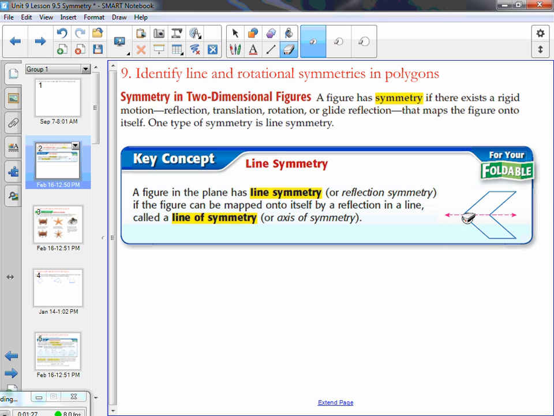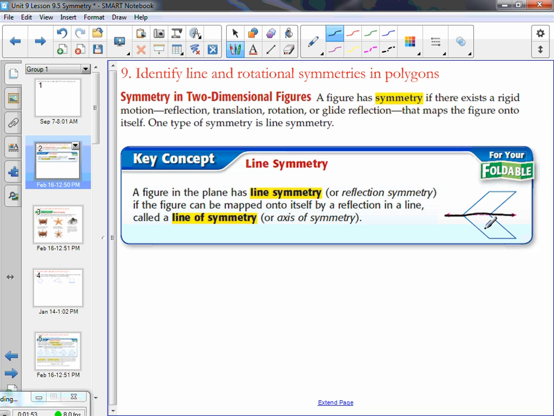If we look at our figure over here, we'll see that the top parallelogram could be reflected in this line and become the bottom parallelogram, and vice versa. So the figure as a whole, the chevron-shaped figure, has line symmetry because with this line of symmetry, it reflects upon itself.